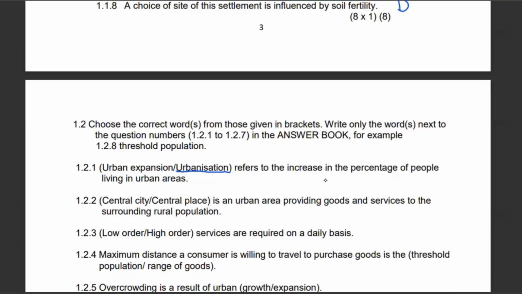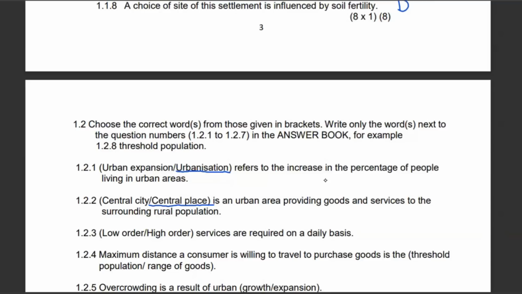Right, we move on to the next question. Central city or central place is an urban area providing goods and services to the surrounding rural population. We don't have a central city concept, we have a central place. A central place is basically an urban area that supplies the services and the goods to the surrounding farmlands or countryside.